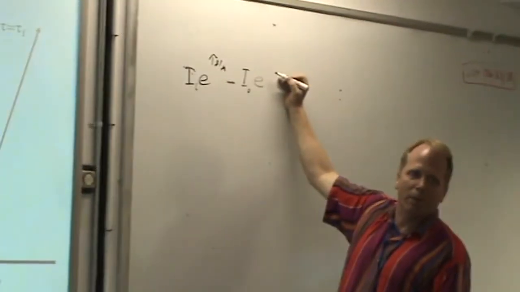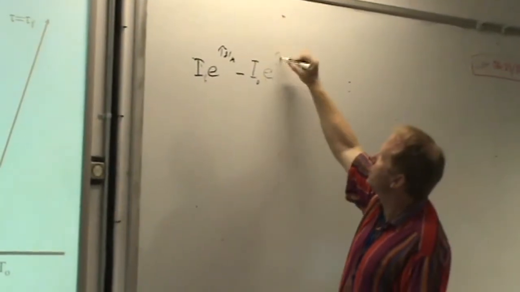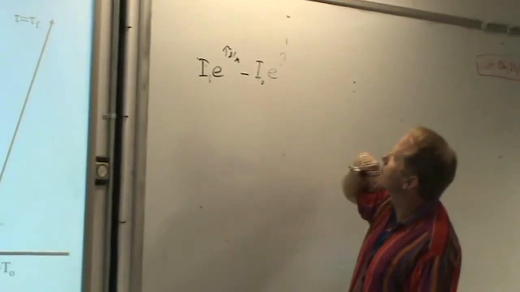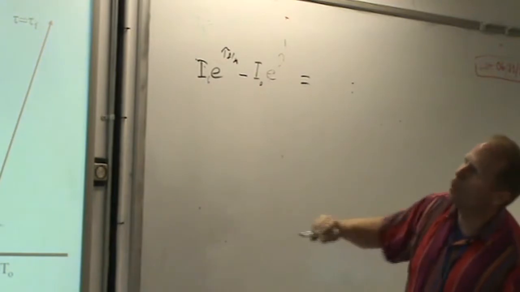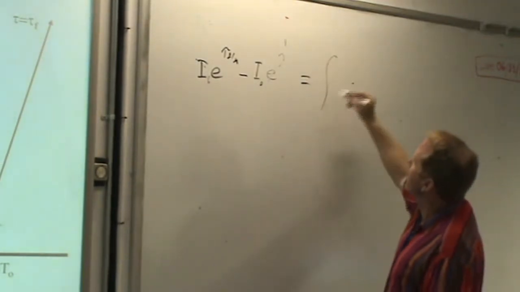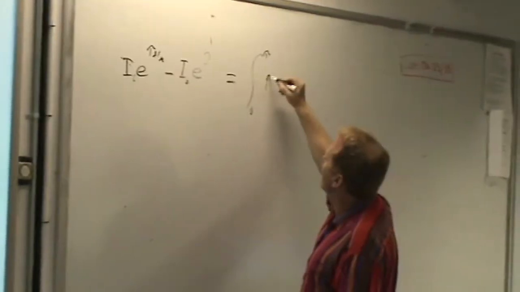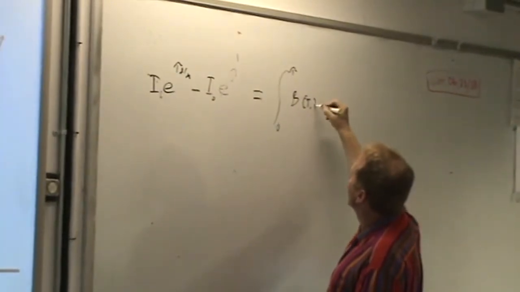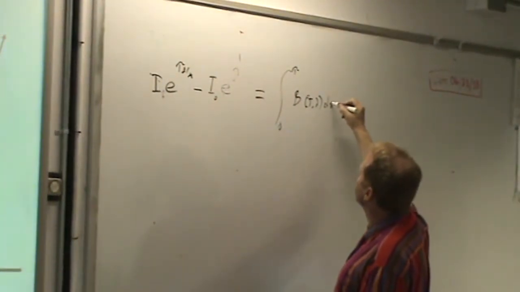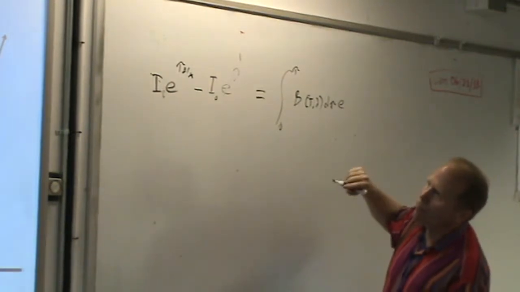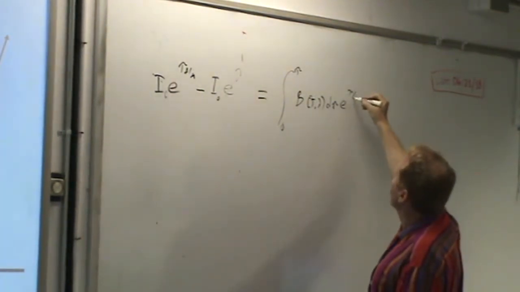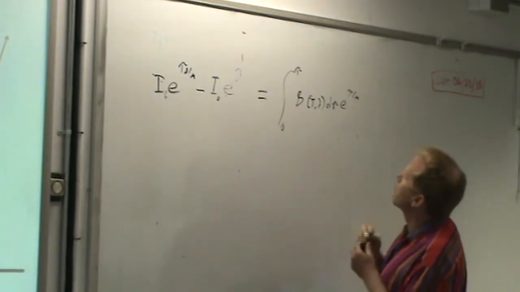What's e to the 0? 1. Okay, so that just becomes 1. And that's going to be equal to what I have on the other side here. So integral from 0 to tau b of I tau wavelength d tau e to the tau per mu. Okay.